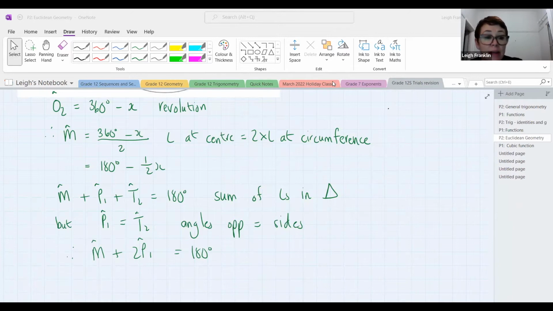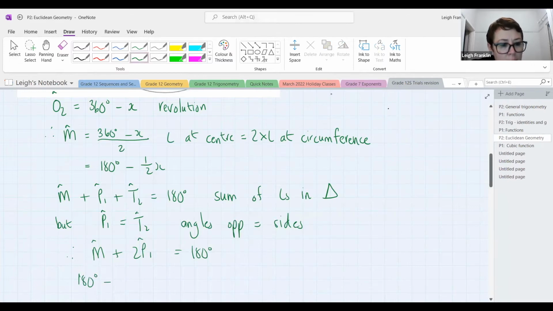And now we can go ahead and substitute. Remember, M we said is 180 minus 1/2 x, plus 2 of angle P1, is 180.